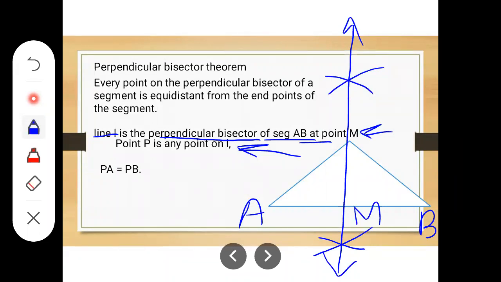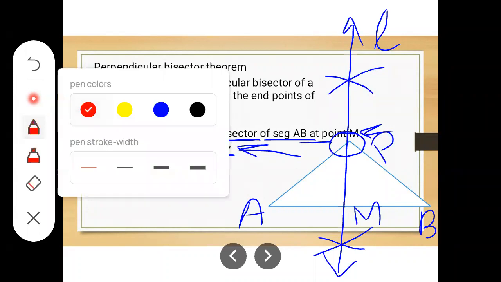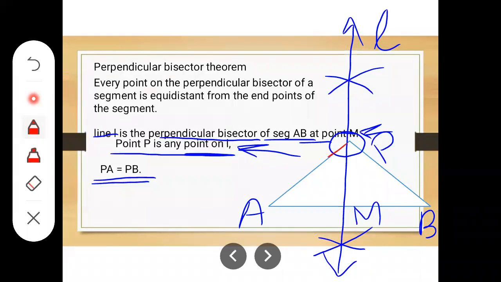Now point P is any point on line L. So this is line L and point P is any point on line L. Here, at the top of this triangular shape, point P will be here. Now in this case, what is the theorem? That PA equals PB. That means this length PA is equal to this length PB.